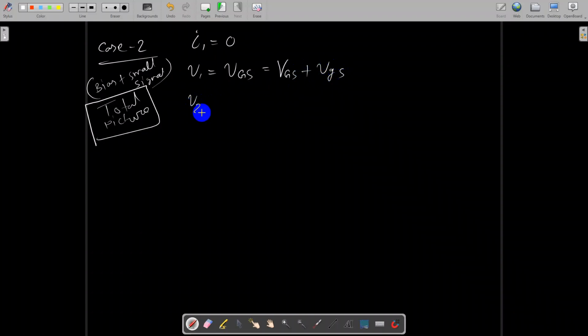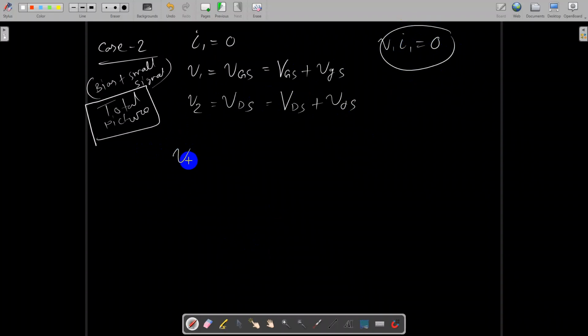Now V2 is VDS, capital VDS plus small vds. Okay, nice. Now V1 I1 is equal to 0, so we have to calculate only V2 I2. What is V2 here?